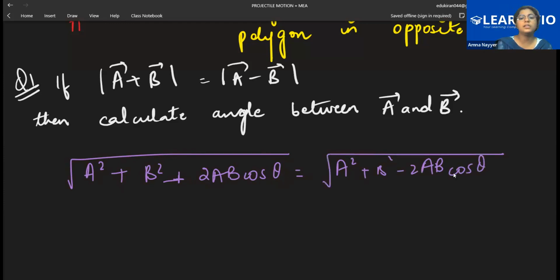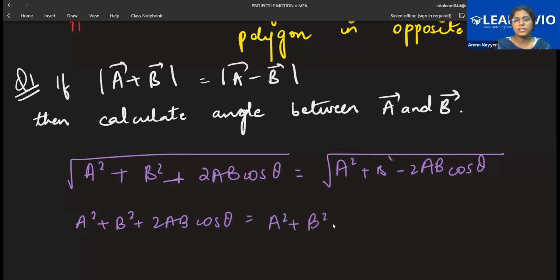Both of these are equal. This is exactly what it is saying, right? Root will be cancelled. So we'll have A square plus B square plus 2AB cos theta equal to A square plus B square minus 2AB cos theta.